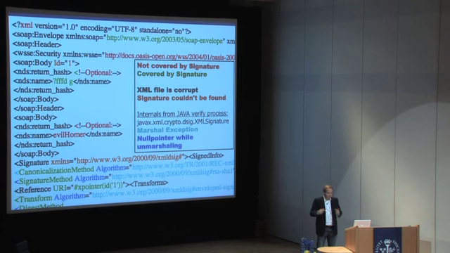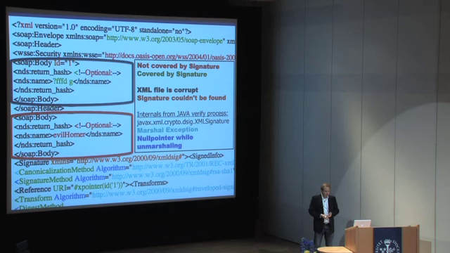And green means if we change something here, then signature verification fails, so this is somehow covered. And we used some internals from the parsing process in Java and the XML signature tools in Java to come up with some more enhanced information on this, but that shouldn't be part of this talk today.